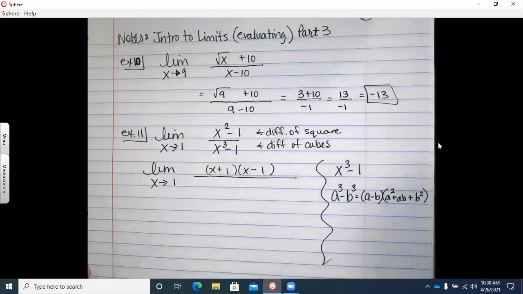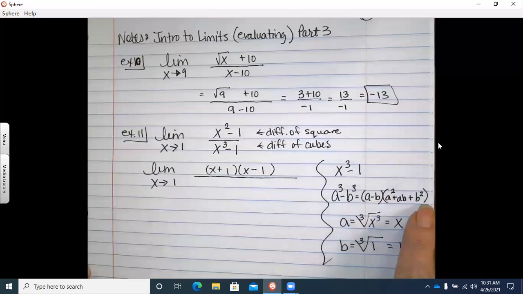So a is referring to the cube root of the first term. What's the cube root of the first term? X. b is referring to the cube root of the second term, the absolute value of the second term. And what's the cube root of 1? 1. So now that I know a and b, I'm going to plug it into this pattern, okay?